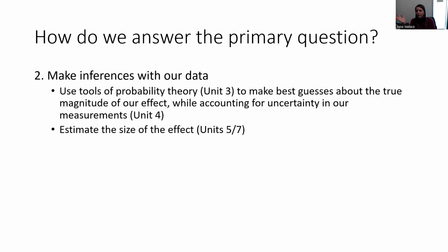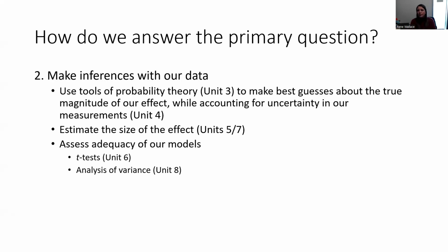And then in 5 and 6, we'll talk about estimating the size of the effects that we have, because effect size affects our data, right? And then we'll look at the adequacy of our models, right? Did we choose models that are adequate for what we're doing, right? Is it a t-test? Do we need an ANOVA, some analysis of variance? Should we use Bayesian? And so those are covered in Unit 6 or 8, and then chapters 9 and 10, or Units 9 and 10 of your textbook.